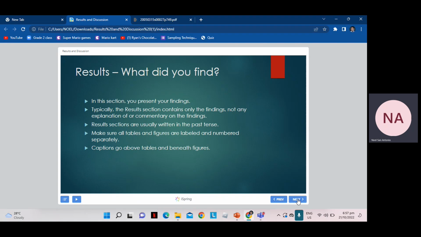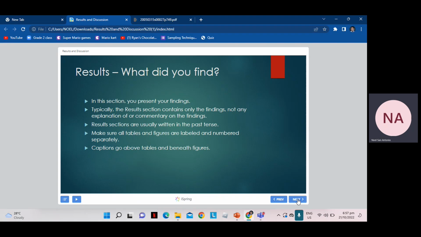So basically, you will summarize or translate your chapter 4 here in the results section of your IMRaD. In this section, you present your findings in the form of tables also. O, nasa table din. Okay?